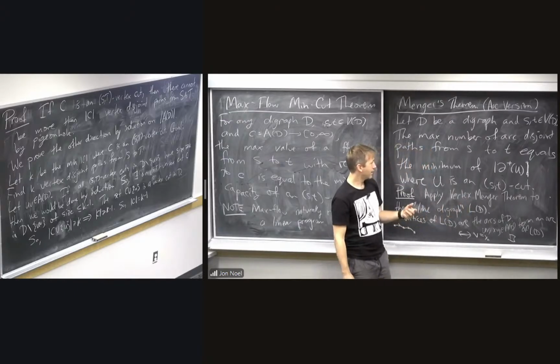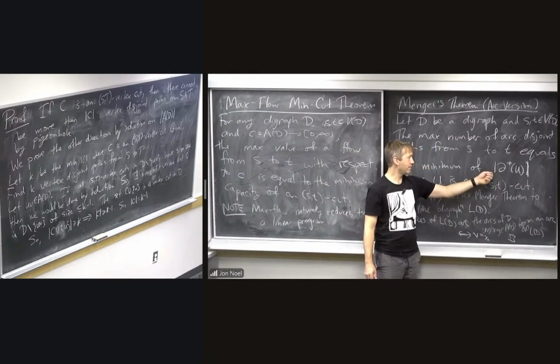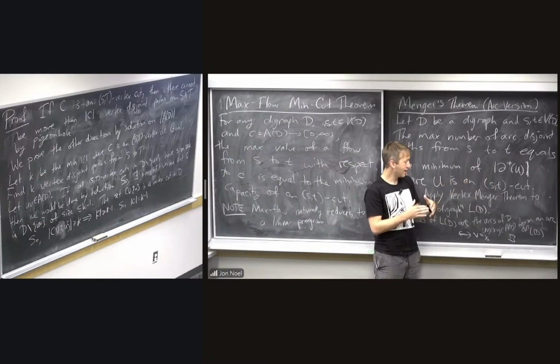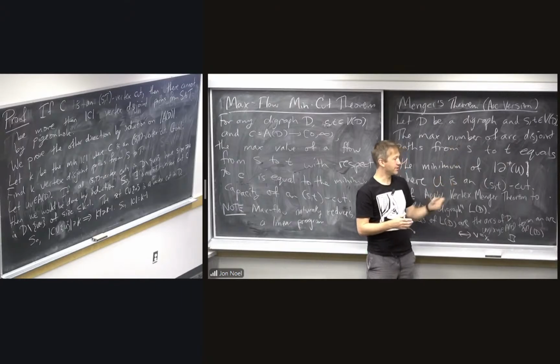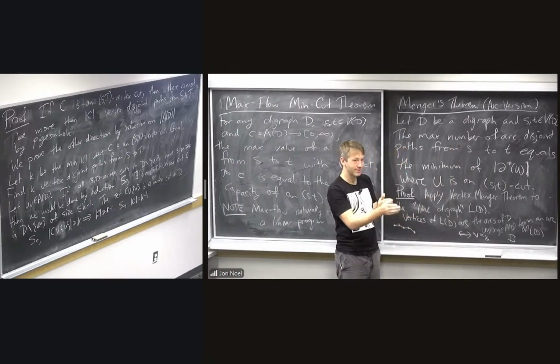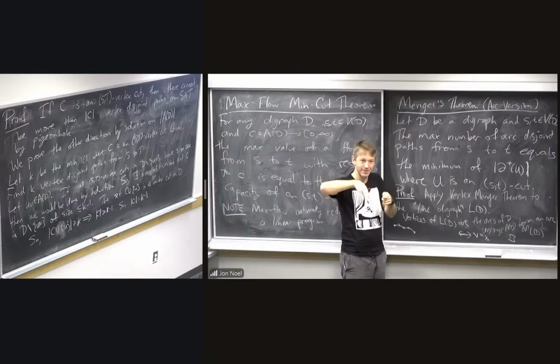So if the minimum cut is at least 10, arc Menger's theorem says I can find 10 disjoint paths. I push all the flow along those paths, and that gives me a flow of 10 from S to T.